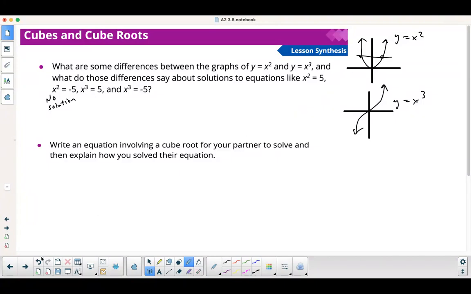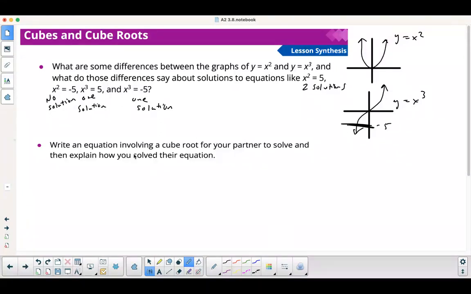So this would have 2 solutions. I don't know what they are. X cubed equals 5. 5's up here. It's going to intersect just once, so this would be 1 solution. And same thing here, negative 5 would be down here, so it would intersect just 1 time, so that would be 1 solution. So you can figure it out from the graph.